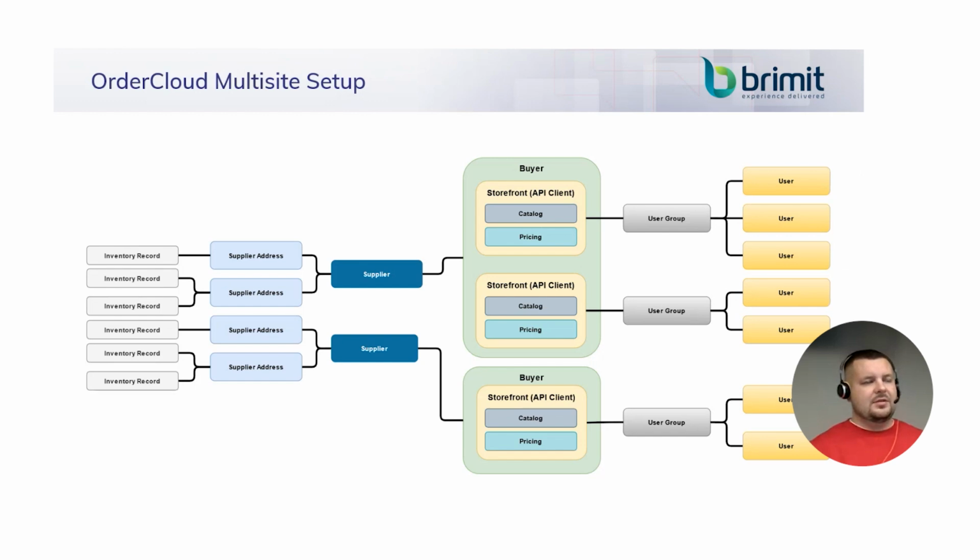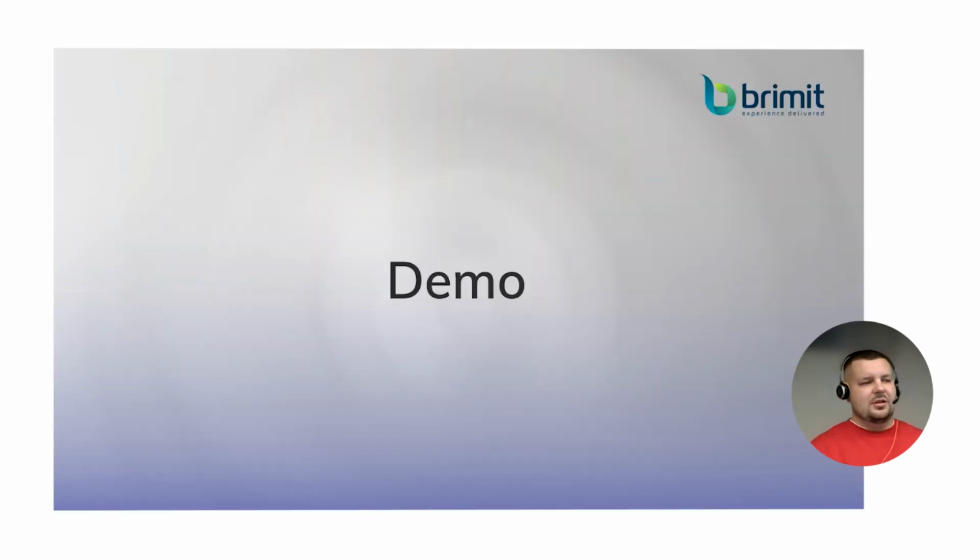But from this slide, it's not quite clear how it is configured. So I will do a small demo and show how it is configured right in the OrderCloud portal.